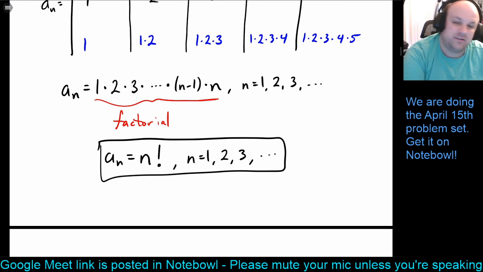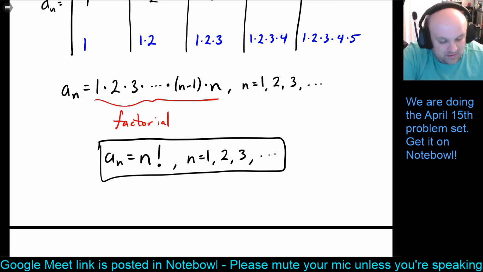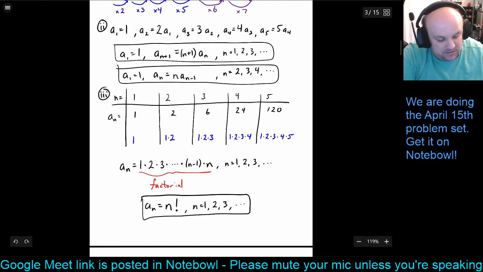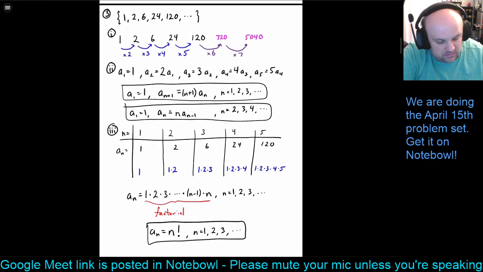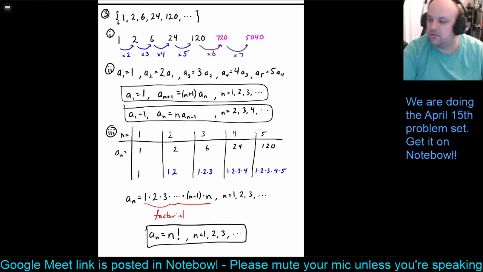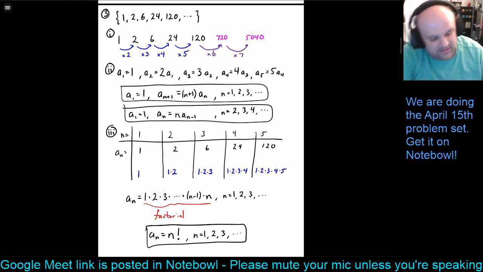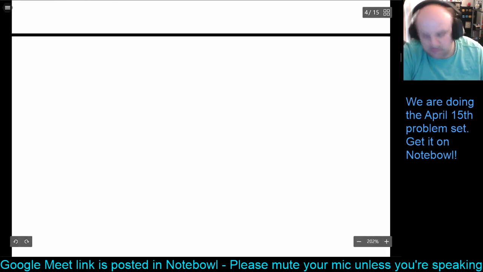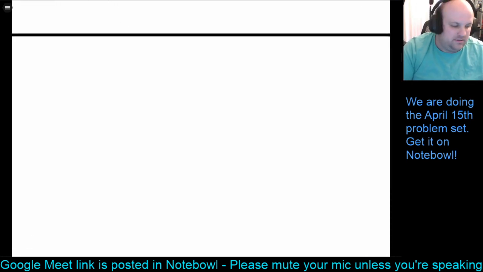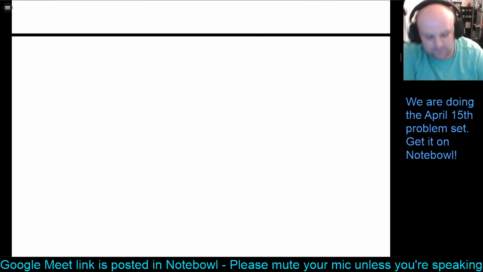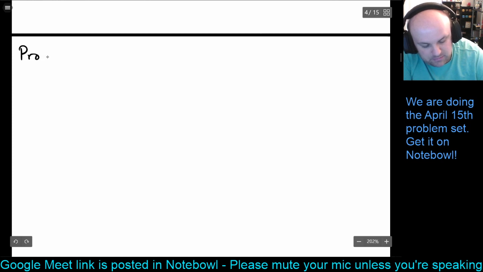Turns out factorials grow even faster than exponential functions. So, any questions about this one at all? All right, excellent. That's it for problem 1, unless there's any questions. Go ahead and move on to problem 2.